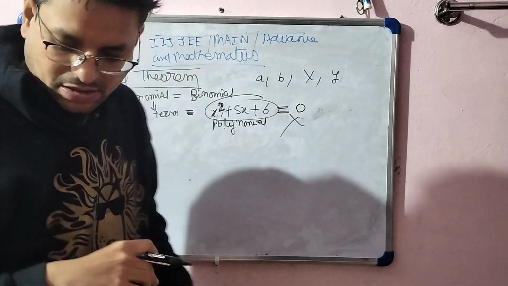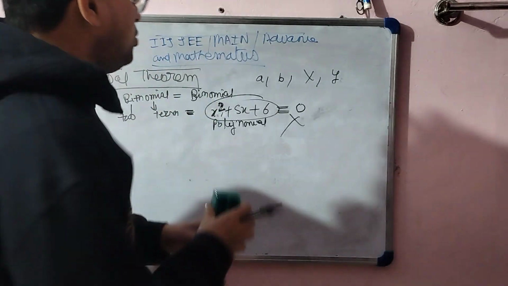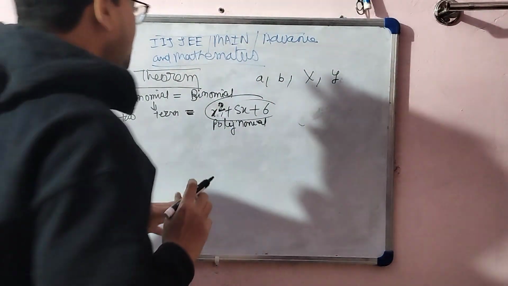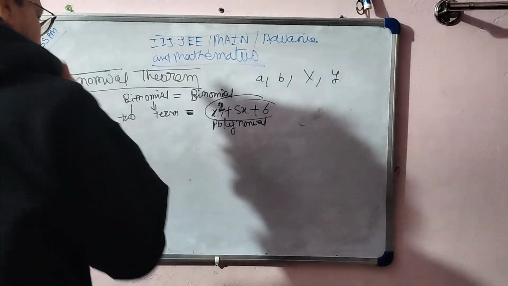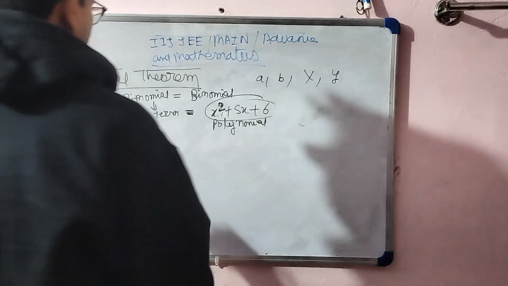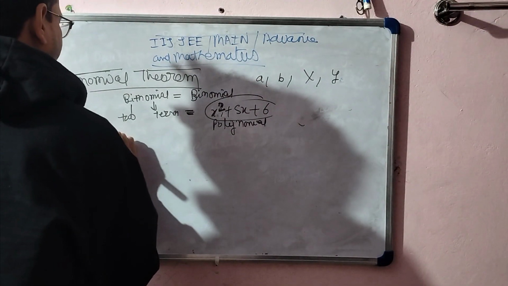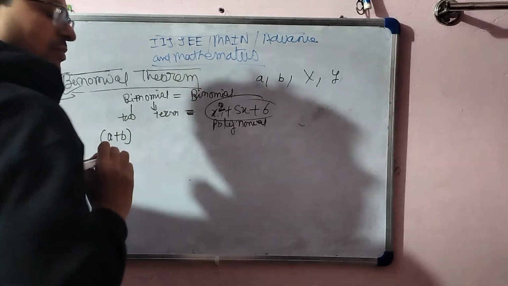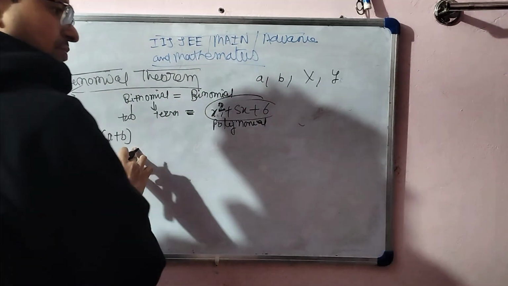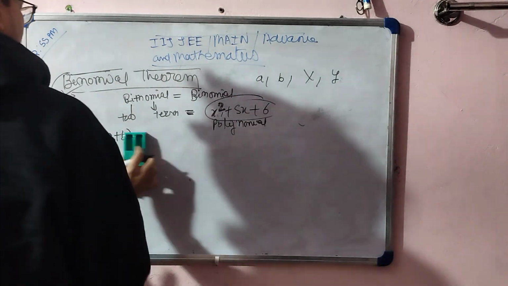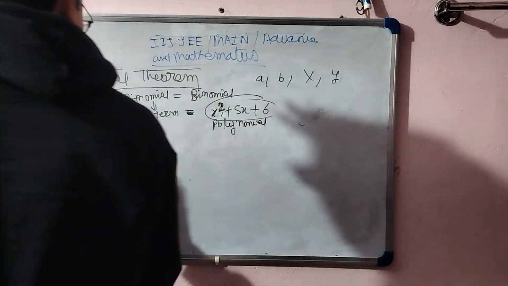If b equal to 0 is missing, it is a quadratic polynomial. So a plus b is two terms, but in the binomial theorem we generally express them as x and y.